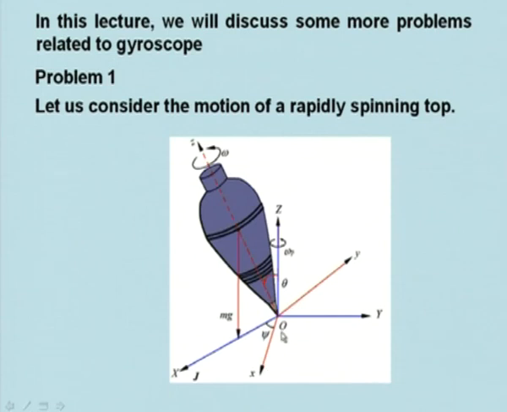Then you have the fixed axis system, capital X, Y and Z. At any point of time, this small z axis, which is attached to the spin axis of the top, is making an angle theta with the capital Z axis.